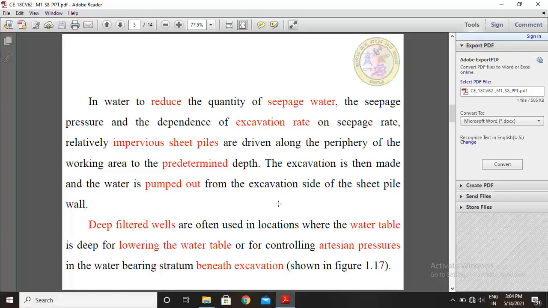Deep filter wells are often used in locations where the water table is deep, for lowering the water table or for controlling artesian pressures in the bearing stratum below the excavations, as shown in the above figures.